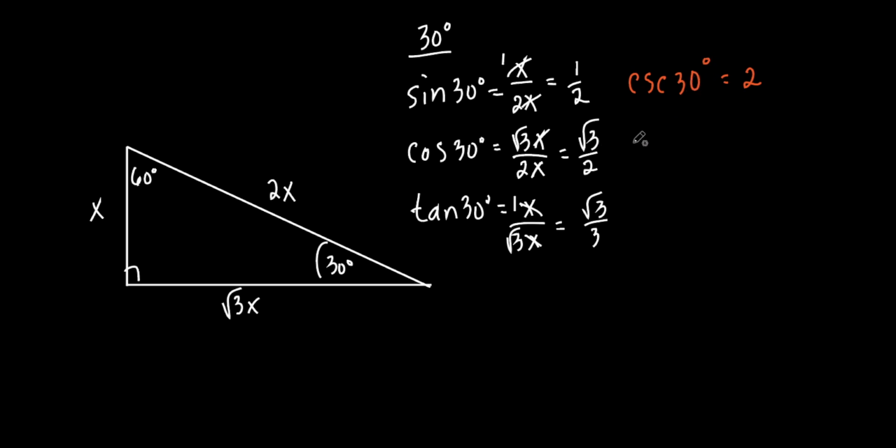What's the inverse of the cosine? The secant. So that's the secant of 30 degrees. You got to do a little bit of math here. This is a square root of 3 over 2. Or you could do this. You could say, the secant's the inverse of the cosine. The cosine was adjacent over hypotenuse. So what's the secant? Hypotenuse over adjacent, right? Well, you're still going to get the same thing.